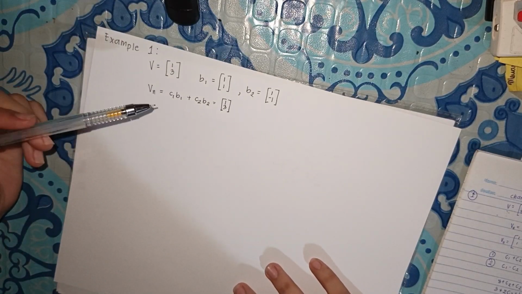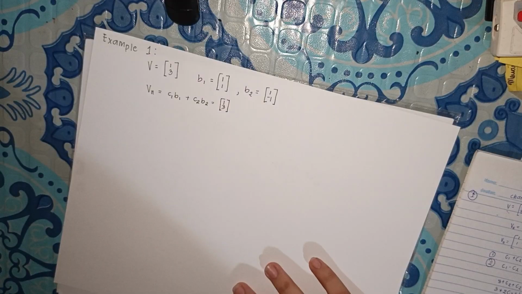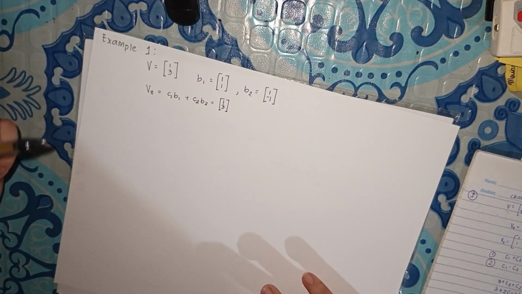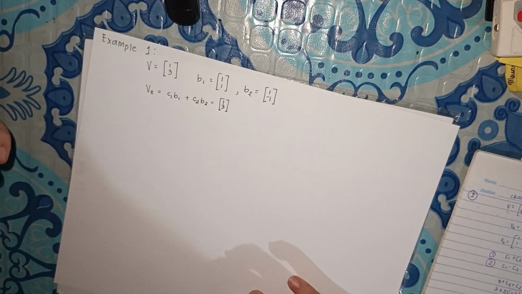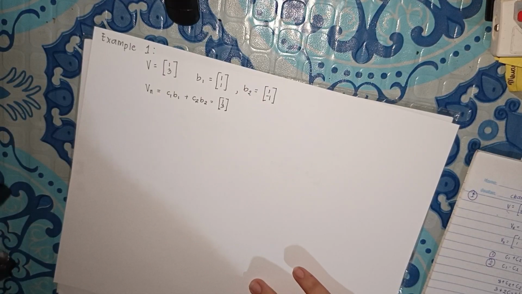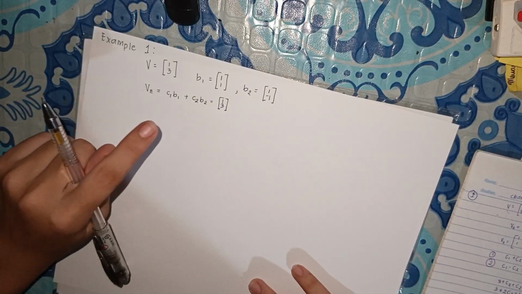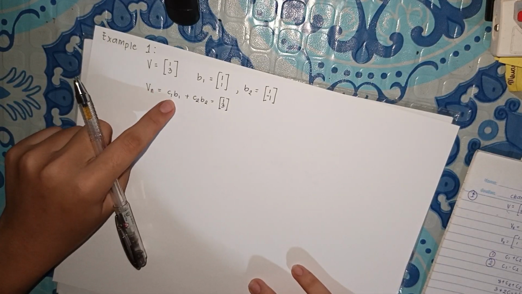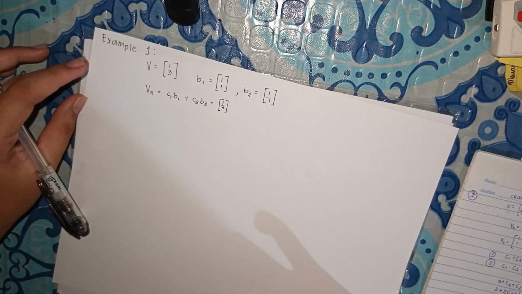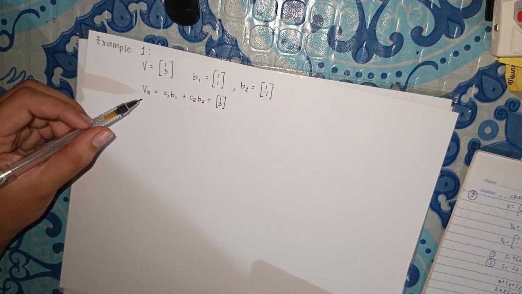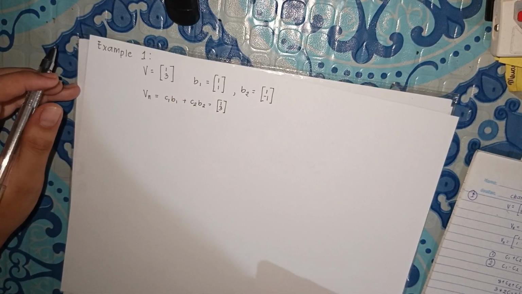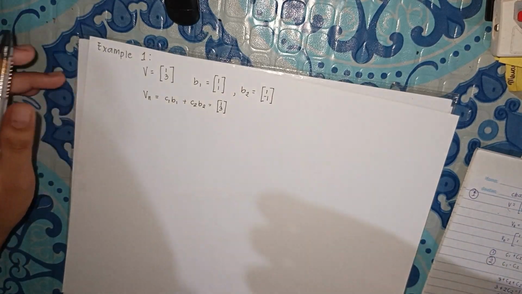So, these C sub 1 and C sub 2 are our scalars. We need to solve for them so that we can come up with the new vector.